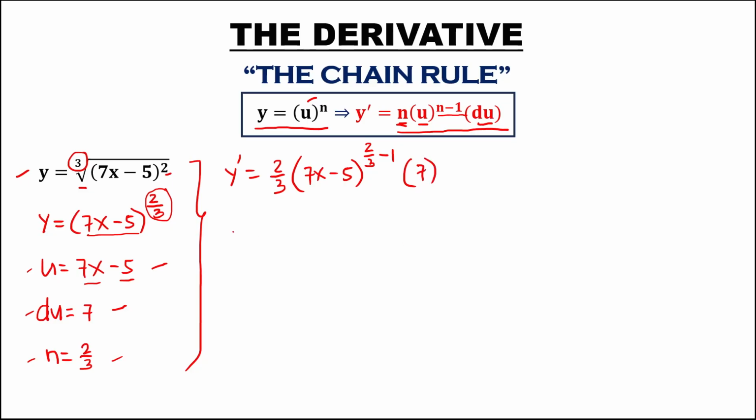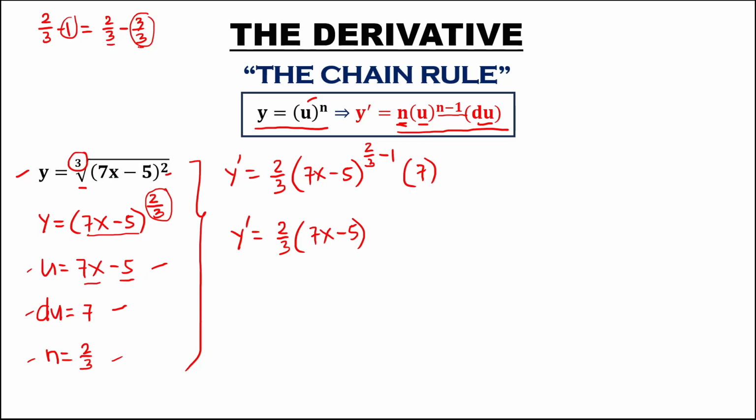Then to simplify, we have y prime equals 2 over 3, then times (7x minus 5). Now take note that this 2 over 3 minus 1 is equal to 2 over 3 minus 3 over 3, because 3 over 3 is equal to 1.